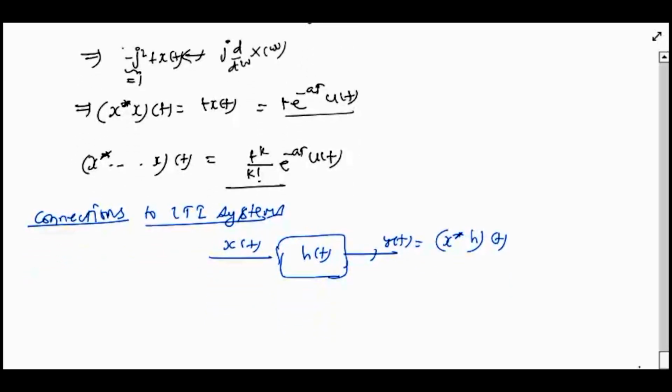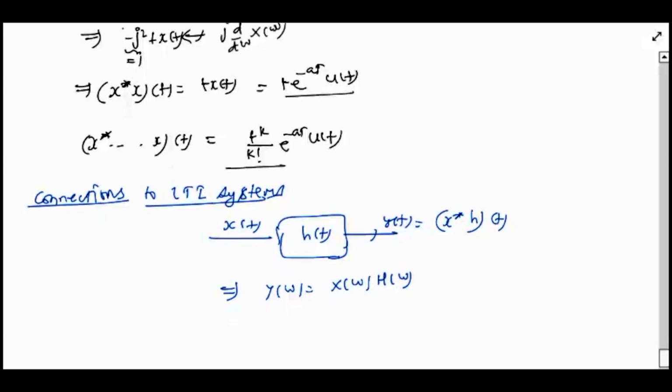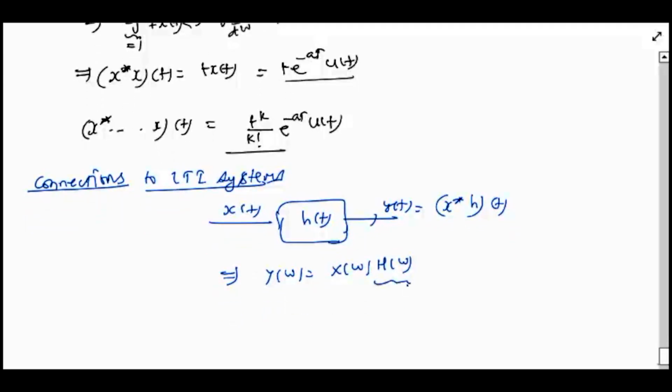So from the convolution property mentioned above, we know that the Fourier transform of y(t), that is Y(omega), will simply be X(omega) times H(omega), where H(omega) is the Fourier transform of h(t).